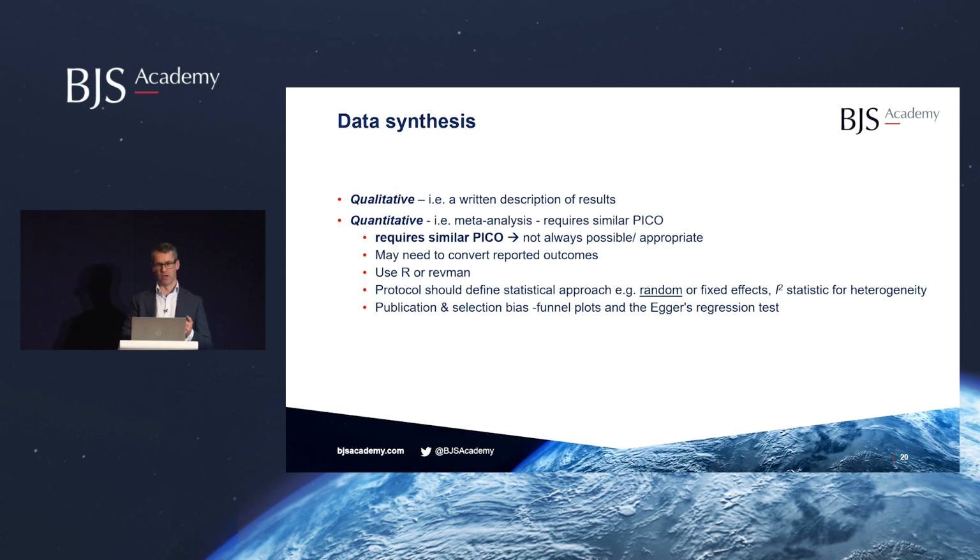So you've got someone who's reporting median blood loss and someone who's reporting mean blood loss. Now there's ways to transform that data, but they're not hugely accurate. So sometimes you just can't. If papers have got very disparate patients, interventions, comparators and outcomes, then it's probably not appropriate to do a meta-analysis.